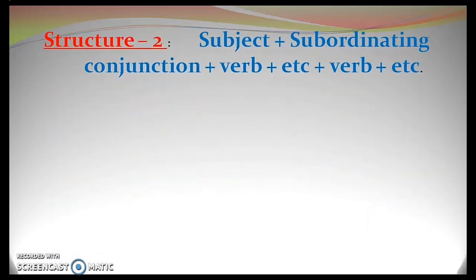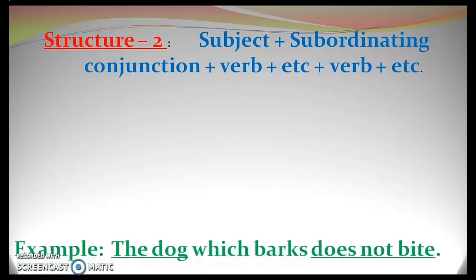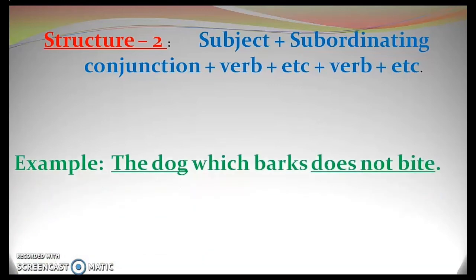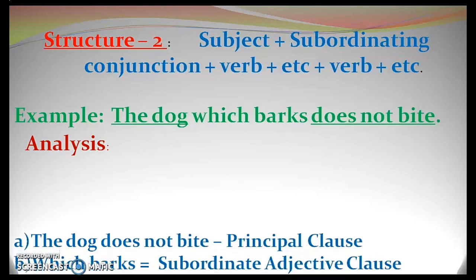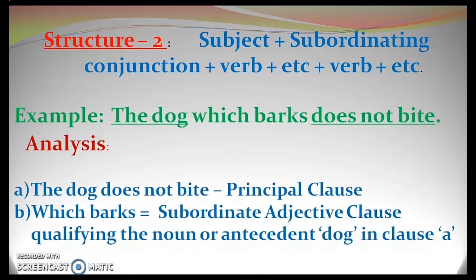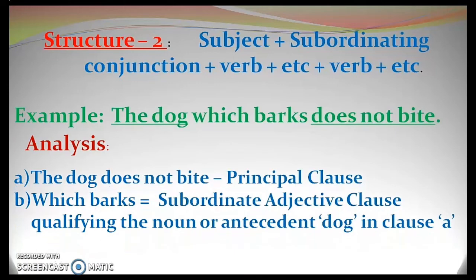Structure 2. Subject plus subordinating conjunction plus verb plus etc. plus verb plus etc. Example: The dog which barks does not bite. The dog is the subject; which barks is subordinating conjunction which plus verb barks plus etc.; does not bite is the verb form.